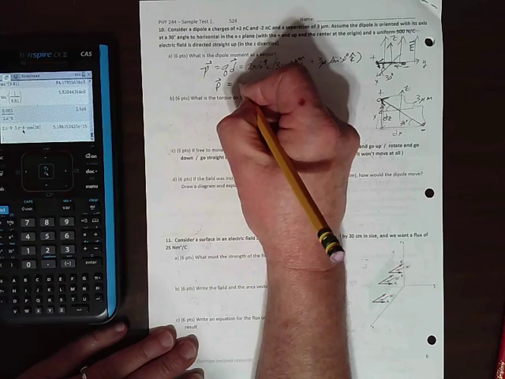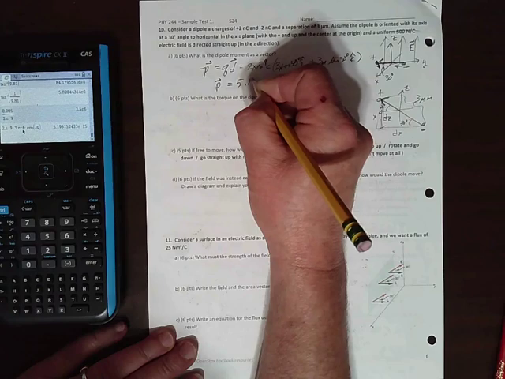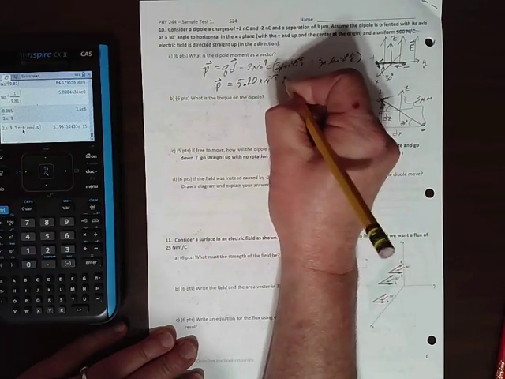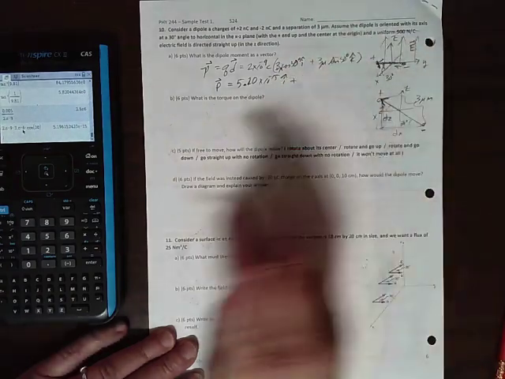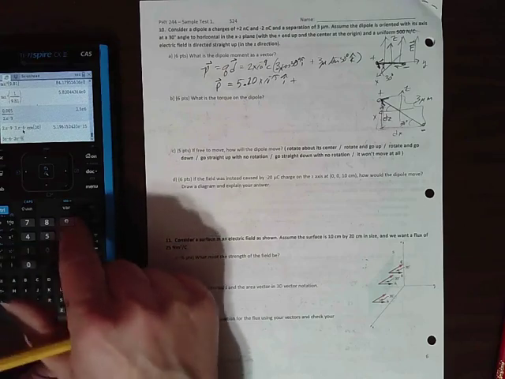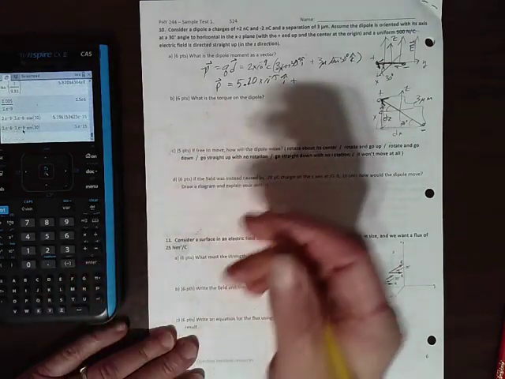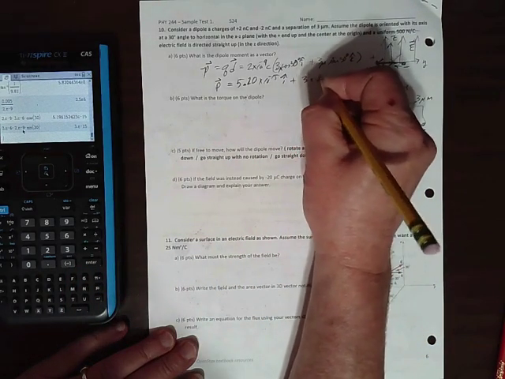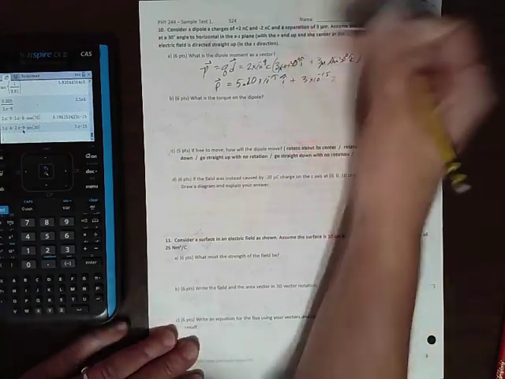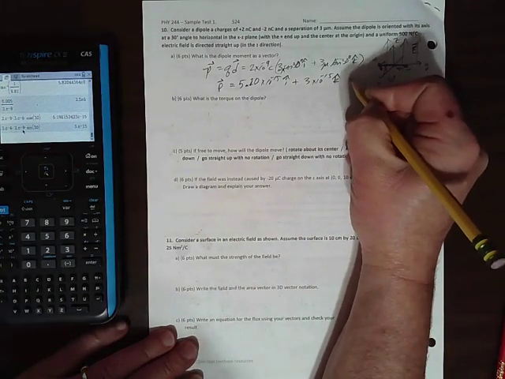So, small numbers here. 5.20 times 10 to the negative 15 i hat plus 3e negative 6 times 2e negative 9 times sine of 30, 3 times 10 to the negative 15 k hat. Coulomb meters.